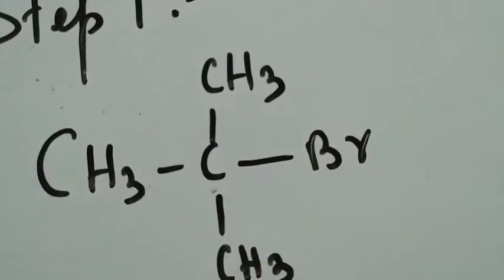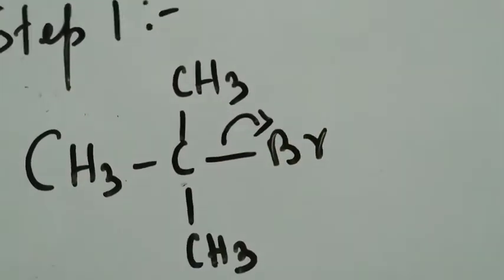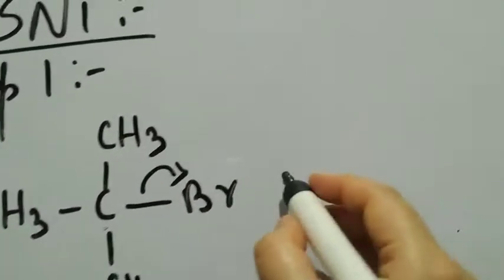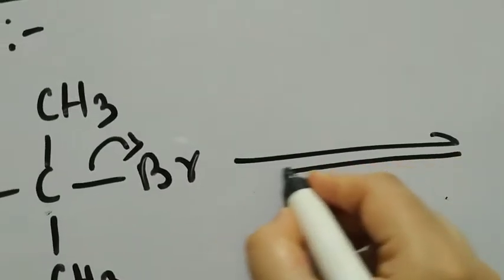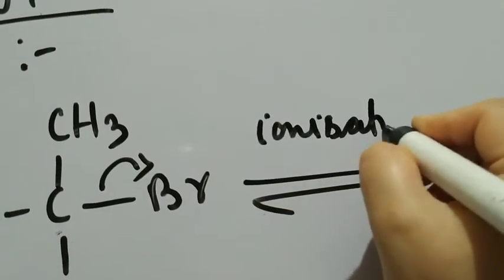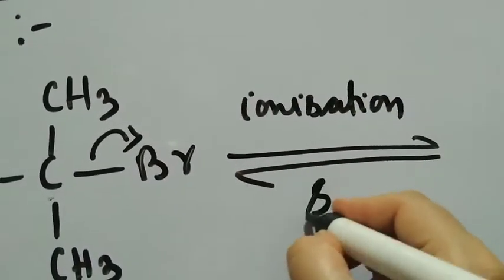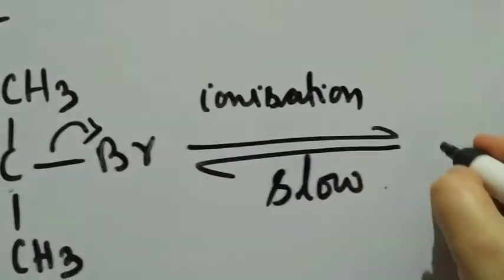Now this C-Br bond is a polar bond. Obviously the electron pair is more towards the halogen atom. What happens here is a complete ionization. It is not just that you have a delta positive somewhere and a delta negative here. There's complete ionization, and this step is a slow step.